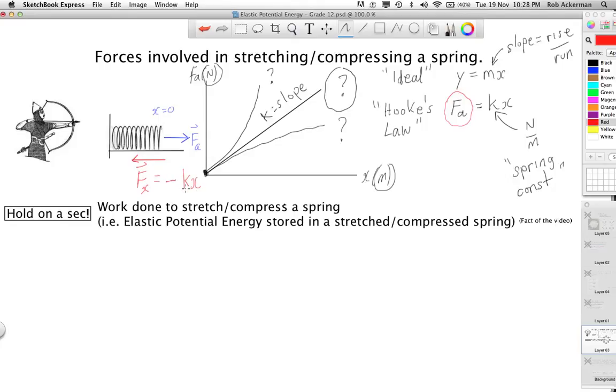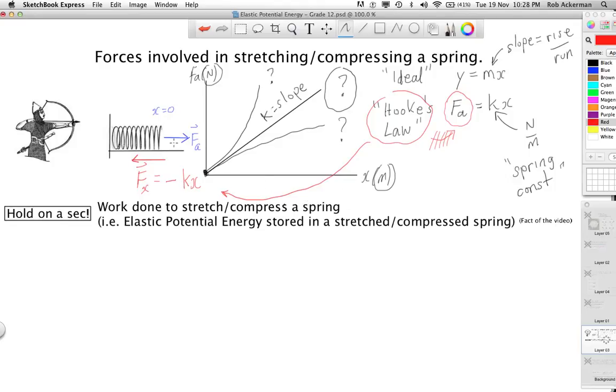You'll see this formula actually written as Hooke's law. So even though I wrote Hooke's law as being this, it's not so much that, it's more this. Hooke's law tells us about the force exerted by the spring, but often we kind of talk about the two interchangeably, so I just want you to be aware of what's going on there.